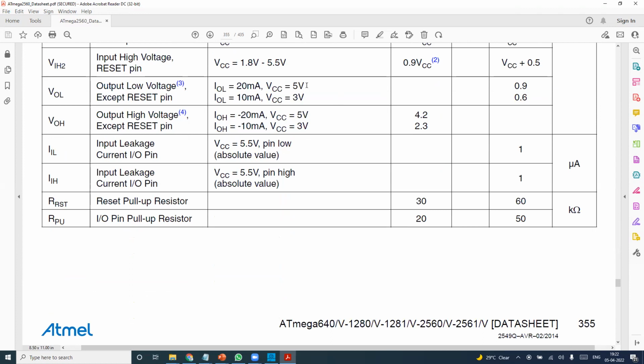Now let us worry about 5 volt. The problem is this microcontroller chip is giving you 5 volt at only 20 milliampere. Please understand, this chip gives 5 volt and 20 milliampere, not more than that.